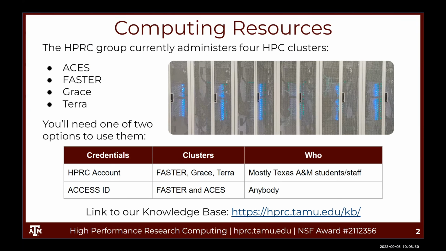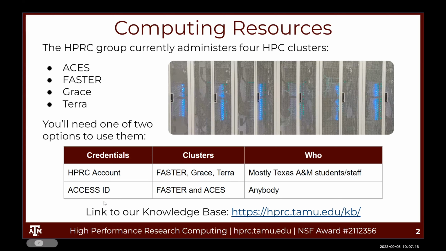HPRC as a group offers four high-performance computing clusters: ACES, Faster, Grace, and Terra. In order to access these clusters, you will need the HPRC account if you want to access Faster, Grace, and Terra, and you are a Texas A&M student or staff.